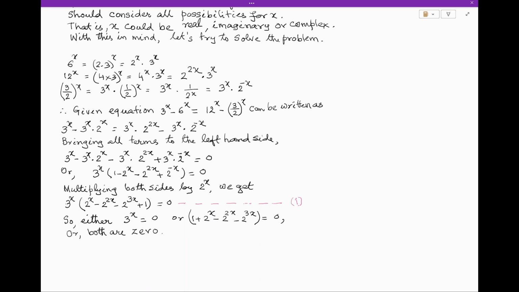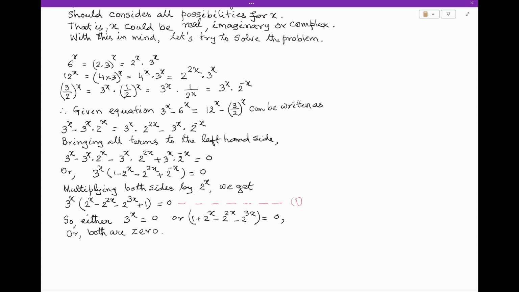Bringing all the terms to the left hand side, we get 3 to the power of x minus 3 to the power of x multiplied by 2 to the power of x minus 3 to the power of x multiplied by 2 to the power of 2x plus 3 to the power of x multiplied by 2 to the power of minus x is equal to 0.